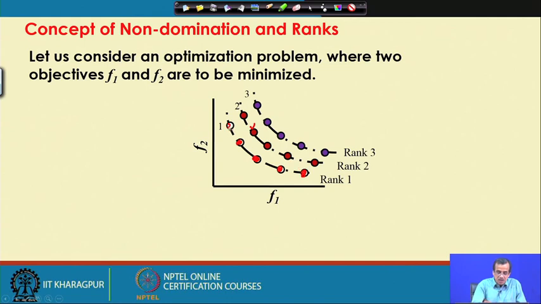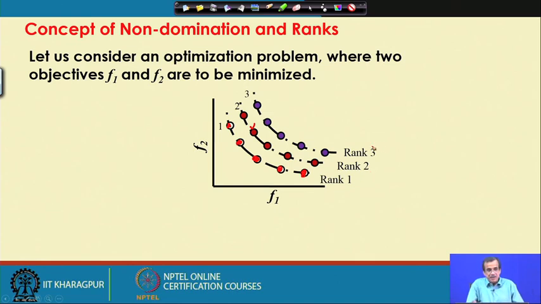So, these particular non-dominated solutions are nothing but the rank 1 solutions. We assign rank 1 to the non-dominated solutions. Similarly, we have the rank 2 solutions, rank 3 solutions, and so on, and of course, the rank 1 solutions will be better compared to the rank 2 solutions, and rank 2 solutions will be better compared to the rank 3 solutions.